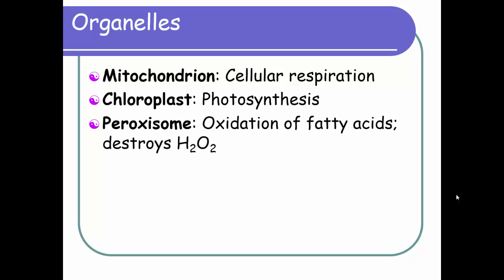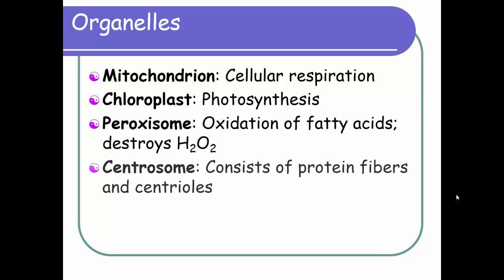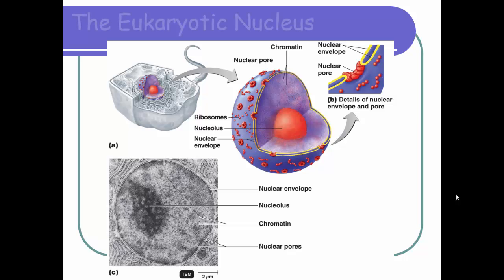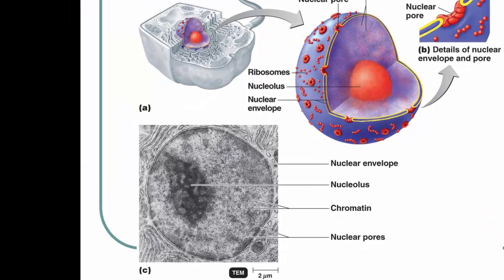Peroxisomes are membrane-bound organelles that contain enzymes that oxidize fatty acids and destroy hydrogen peroxide. The centrosome consists of protein fibers made up of the two centrioles, and the centrosome is involved in mitosis, cellular reproduction.